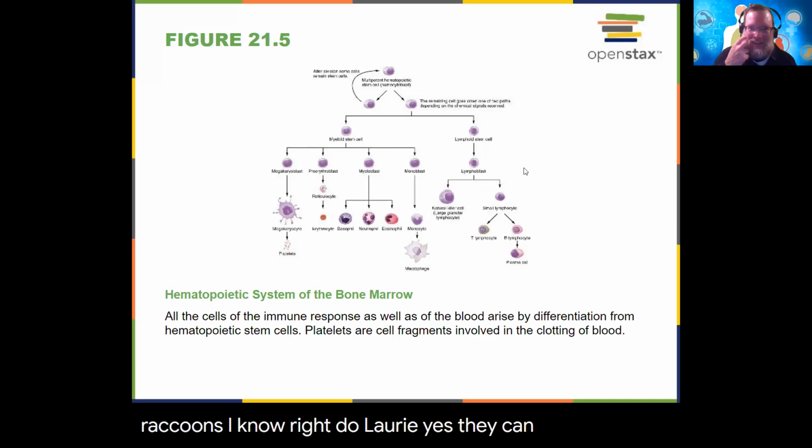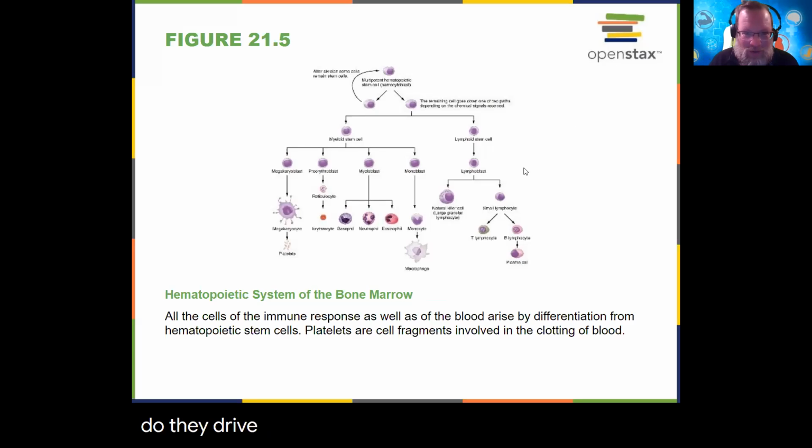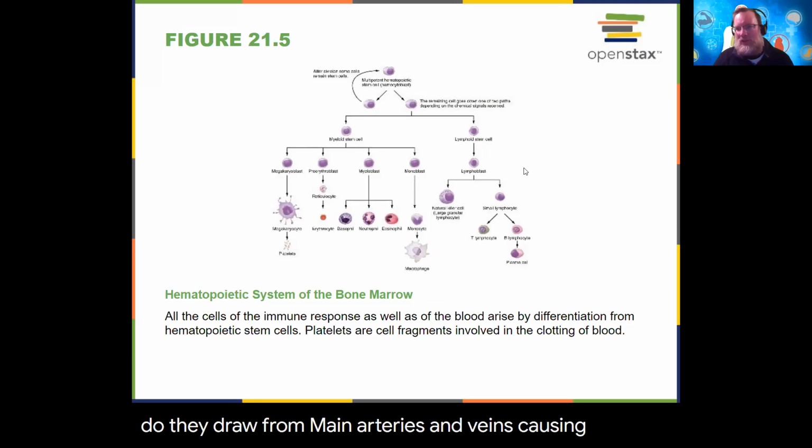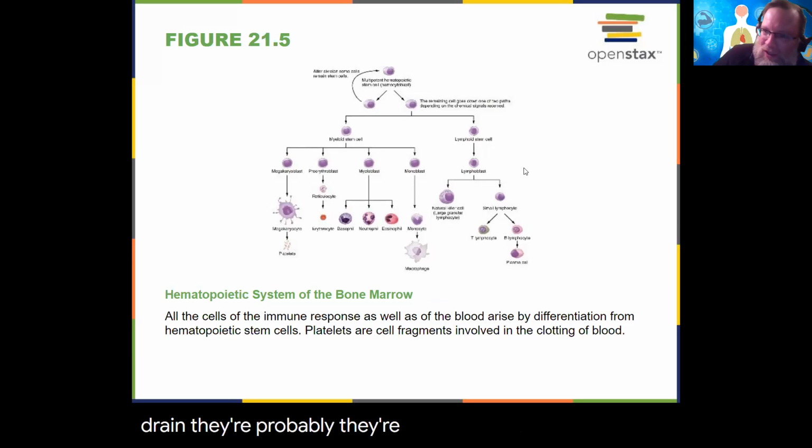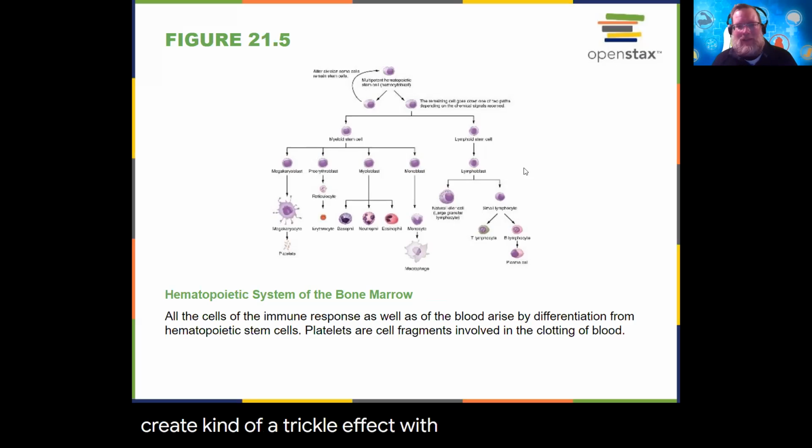Yes, they can. Do water pills affect the lymph system, or do they just draw from main arteries and veins, causing lymph to drain? They're actually probably going after the kidneys first and foremost, and then that's going to create kind of a trickle effect with the lymphatic system. So it's kind of an all or nothing deal.